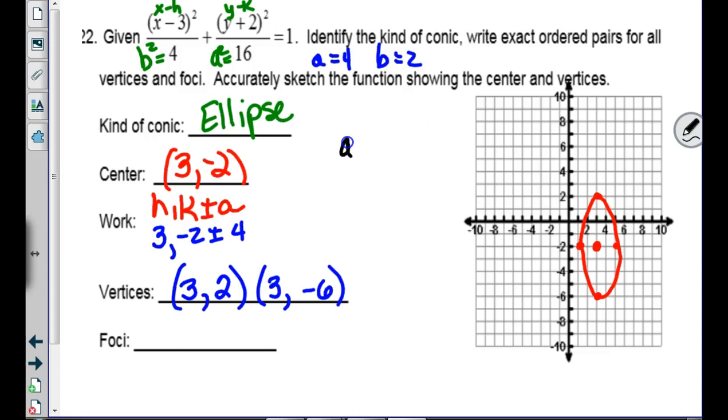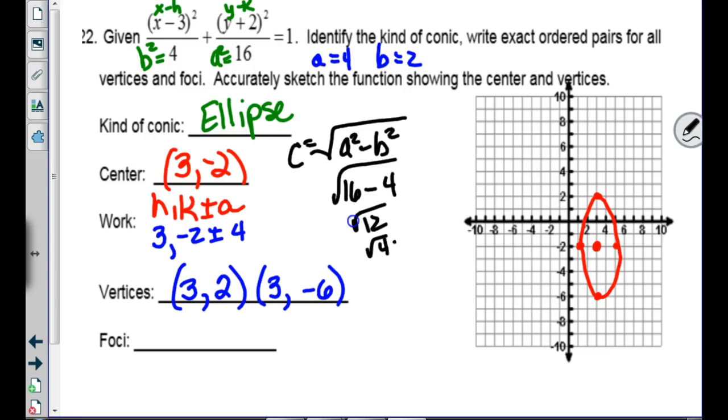So a squared minus b squared square rooted equals C. A squared is 16, b squared is 4 because they're already squared up here. So I get square root of 12 or 2 square roots of 3. I don't really care if you leave it square root of 12. I'm not going to be picky on that here.